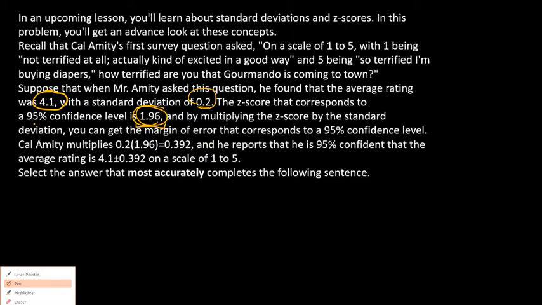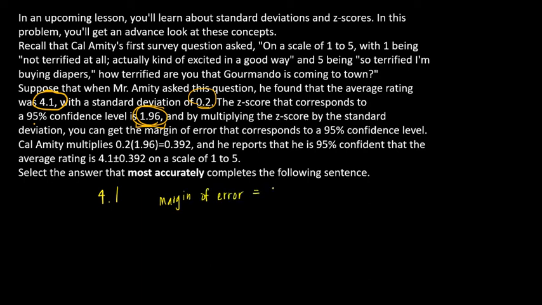So all of that information was just to say that for this 4.1 scale answer, the margin of error equals 0.392. All this information is just saying that the average scale score was a 4.1, and the margin of error is plus or minus 0.392.